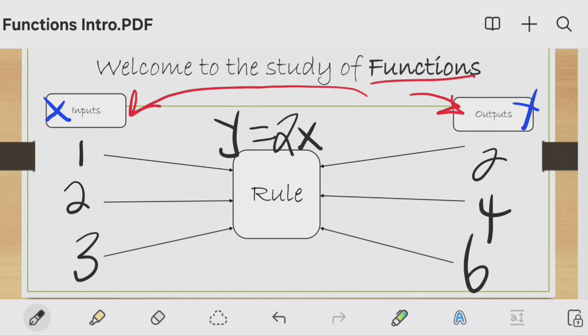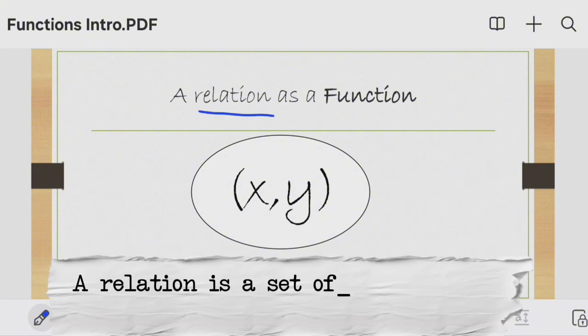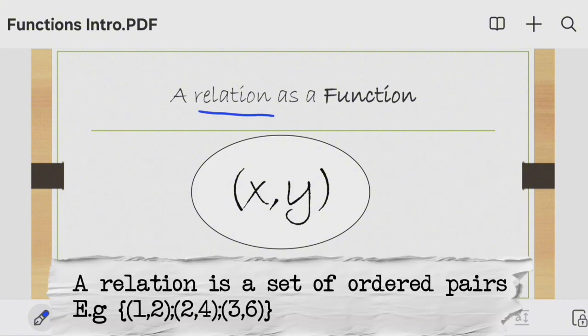Now, something of importance when it comes to functions is what we call a relation. A relation is a set of ordered pairs. For example, in my previous slide, my set of ordered pairs will be the set of (1, 2), (2, 4), (3, 6). That is my relation.